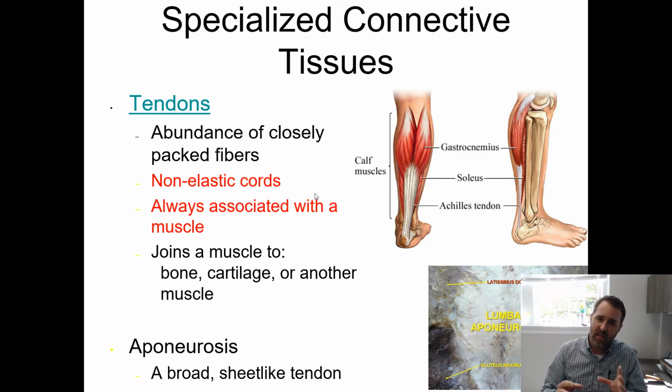It is the thing that attaches a muscle to your body. So tendons attach a muscle to a bone, attach a muscle to cartilage, or attaches a muscle to another muscle. Looking at these images here, here's your muscle and these white bands that are connecting this muscle to these bones. Those are your tendons.